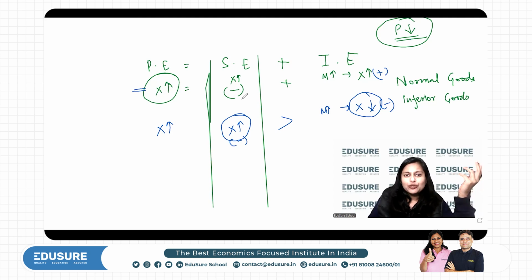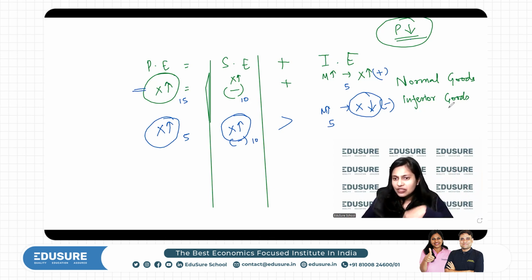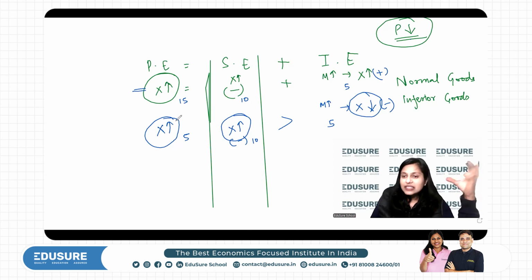So let's say the substitution effect was 10, income effect was 5, so the total here was 15. If the substitution effect was 10 and the income effect was 5, the total here is only 5. So the increase in X is much lower in the case of inferior goods than normal goods, right? So that is something that we can keep in mind. But ultimately for inferior goods, X does increase when price falls.